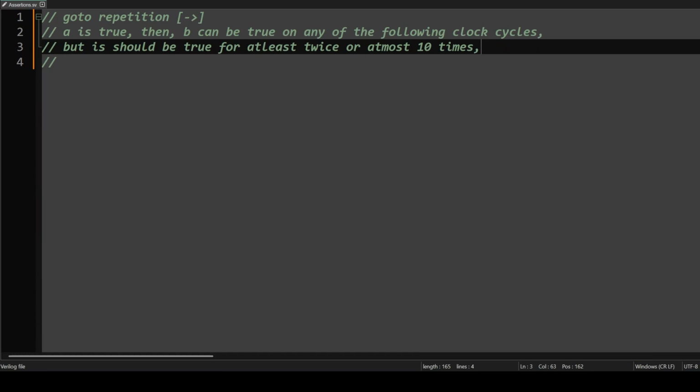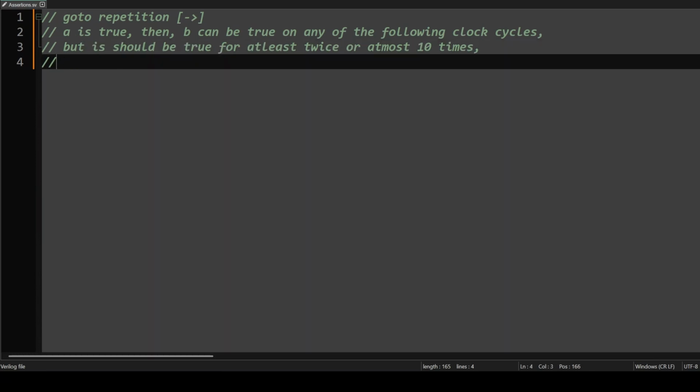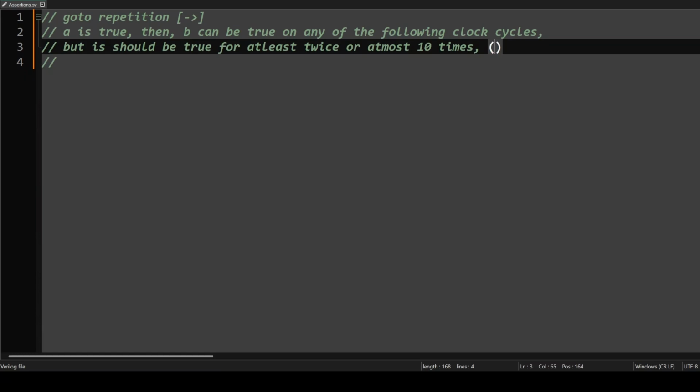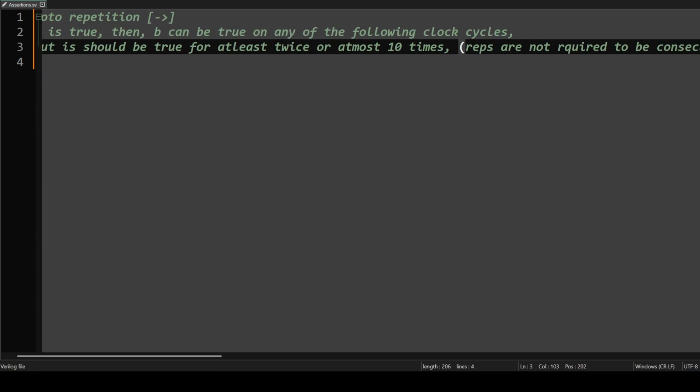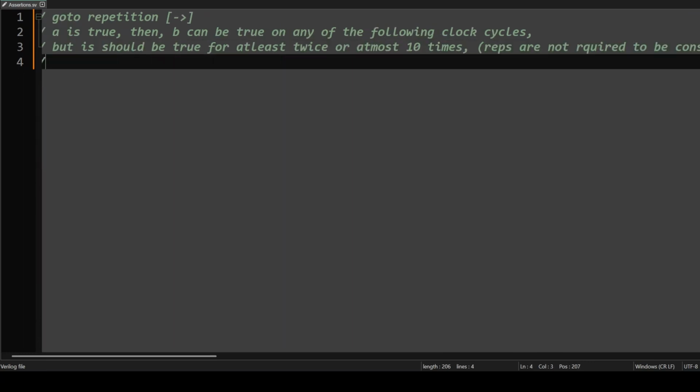So note one more thing, that these particular repetitions of B are not required to be consecutive. Let me demonstrate this. If A is true, then on any of the clock cycles, either the next clock cycle or the second clock cycle, B could be true.